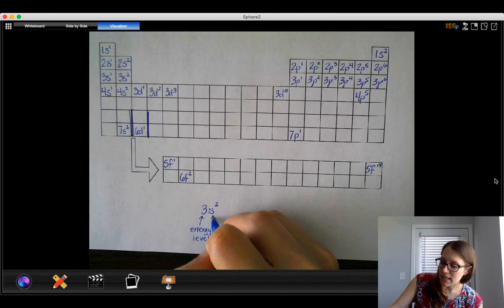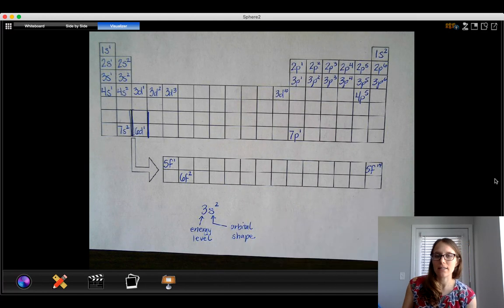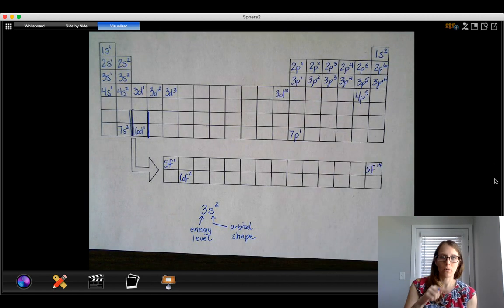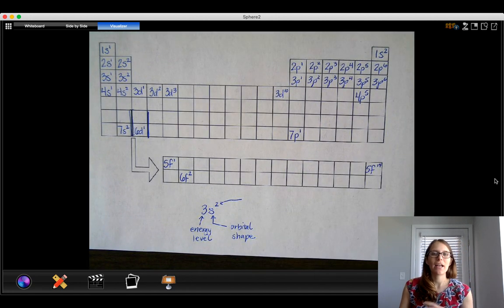The letter is going to tell us the orbital's shape. So when that electron is moving around, is it occupying the shape of an s orbital, which is the sphere? Or is it occupying the shape of the p orbital, which is the figure 8? So it's moving around within that figure 8 region. And then this exponent is going to tell us how many electrons are within those types of orbitals.